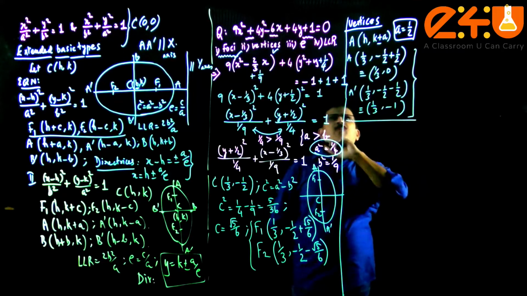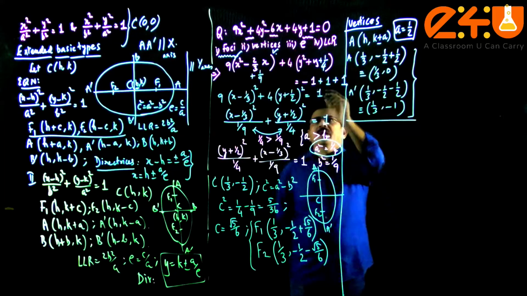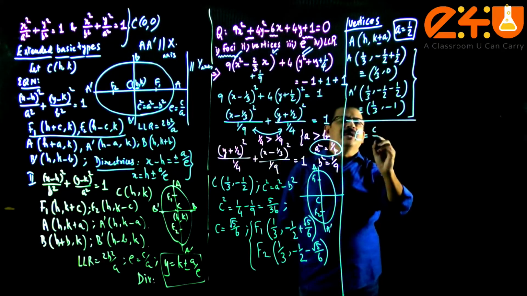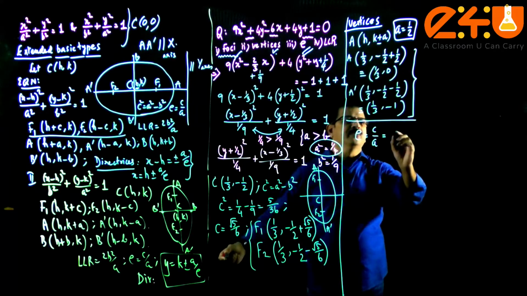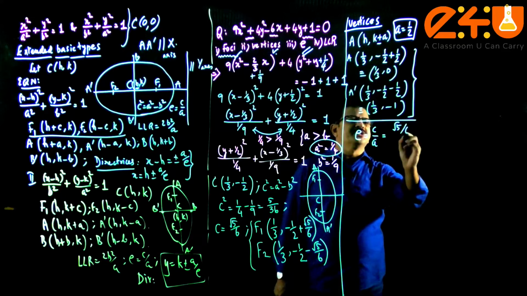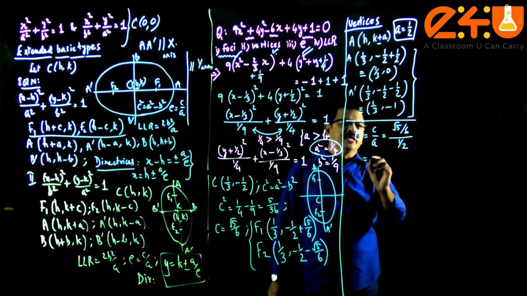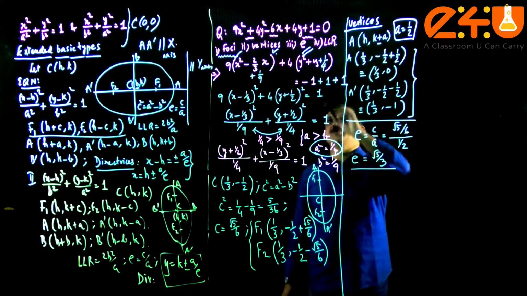So we are able to successfully find vertices. Now the eccentricity ratio is c by a. C value already you got as root 5 over 6 divided by a value 1 by 2. So that gives the answer root 5 by 3 for eccentricity.